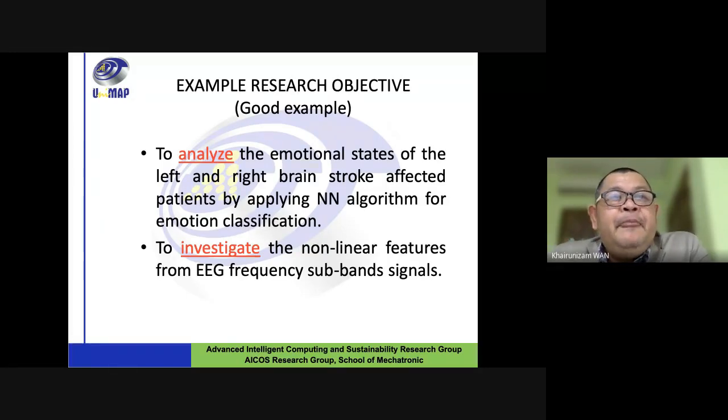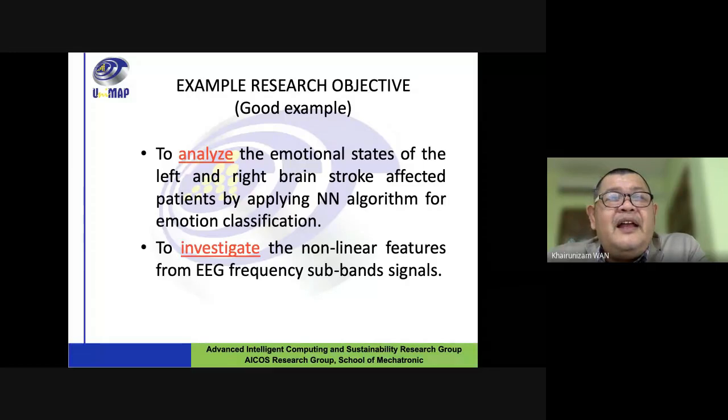Number 2 is to investigate the nonlinear features from EEG frequency sideband signals. Again, I highlight the term investigate, because investigate could be measured. It's measurable. Based on the result of the investigation, we could draw the conclusion.